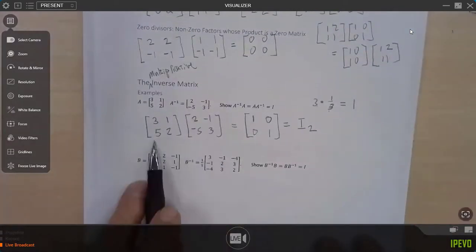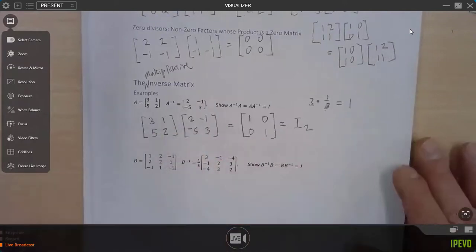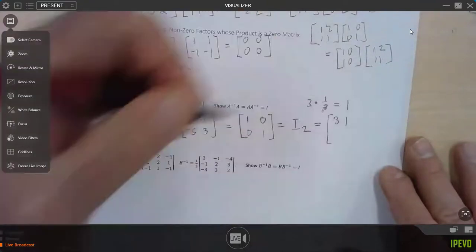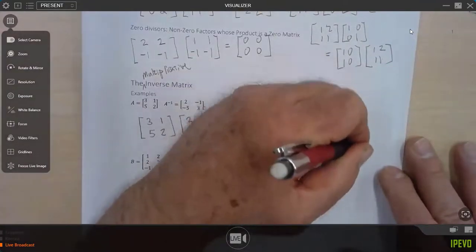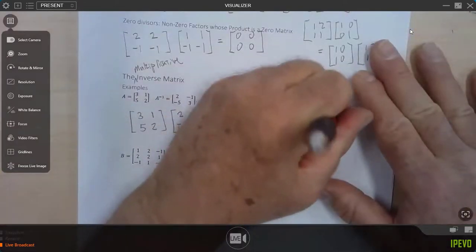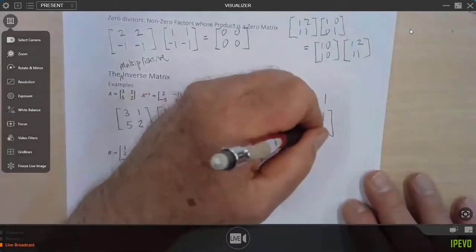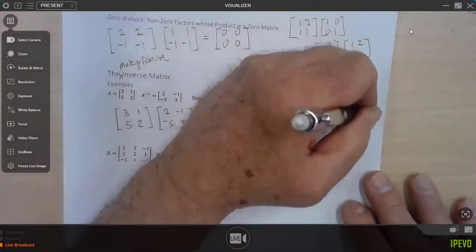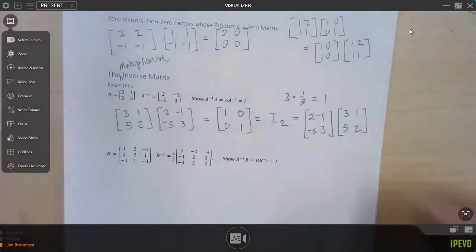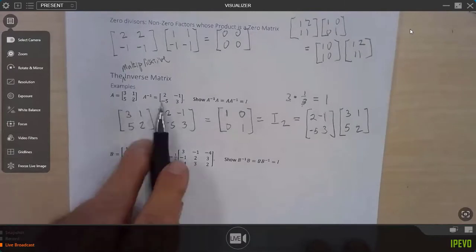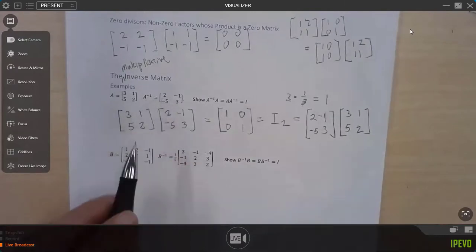And I will just tell you right now that if you flip these around, you'll get the same thing. I'm not actually computing it, I'm claiming it, but it is true. So yes, this one has a multiplicative inverse, and we label it as A inverse, just with an exponent of -1.